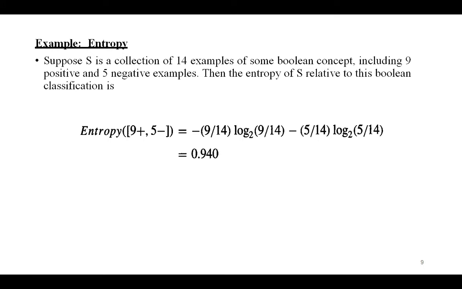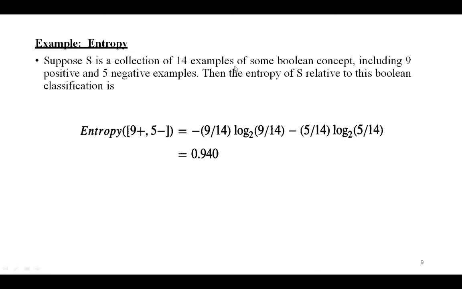To illustrate this, consider an example. Suppose S is a collection of 14 examples of some Boolean concept, including 9 positive examples and 5 negative examples. We adopt the notation [9+, 5-]: 9+ means 9 positive examples, 5- means 5 negative examples. I hope this is clear; it is just to illustrate the entropy part.